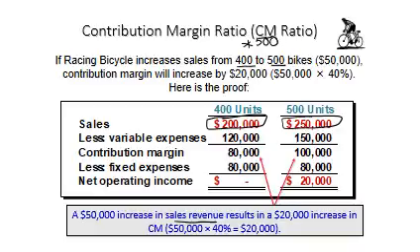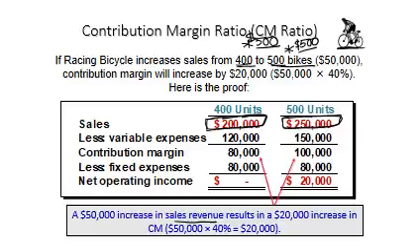So 400 bikes is $200,000. That's 400 bikes times $500. And 500 bikes is 250,000 because 500 bikes times $500 sales price is 250,000.